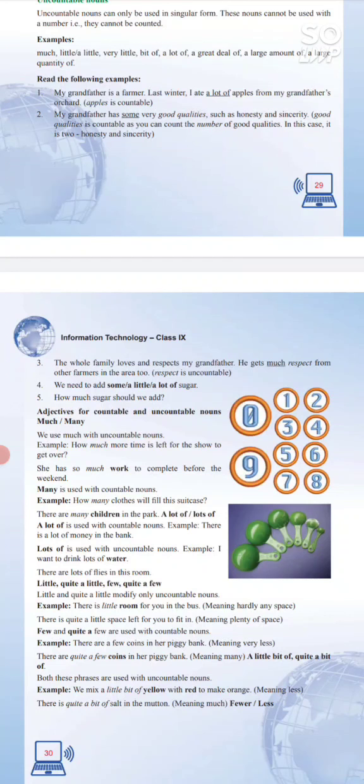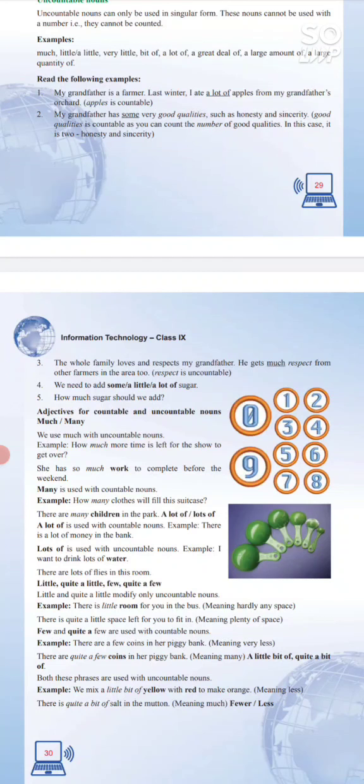Next is adjectives for countable and uncountable nouns: much and many. So here we will learn the difference between the various adjectives which are used before countable and uncountable nouns. First we have much and many. We use much with uncountable nouns. Keep in mind that much is used with uncountable nouns.